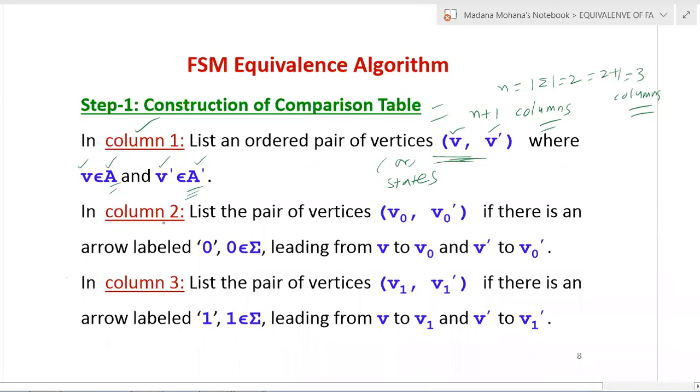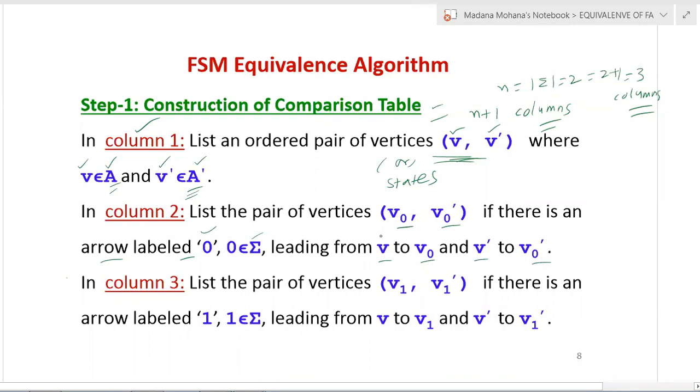Then coming to column 2, list the pair of vertices V naught comma V naught dash. Here our initial vertex pair is V comma V dash, and now we have taken V naught comma V naught dash. You can take this pair if there is an arrow labeled 0, where 0 belongs to sigma, leading from V to V naught and V dash to V naught dash.